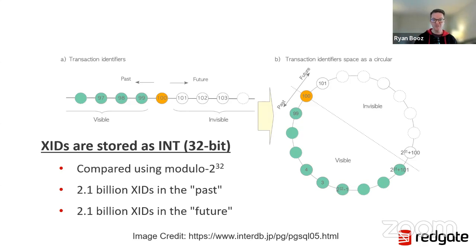So if there's a row that's less than my value in the last 2.1 billion, it's available to me. And then there are always 2.1 billion transaction IDs available in the future for new commands. If the transaction ID of xmin, in this case, is greater than me, it's not available. It was inserted after my snapshot began.